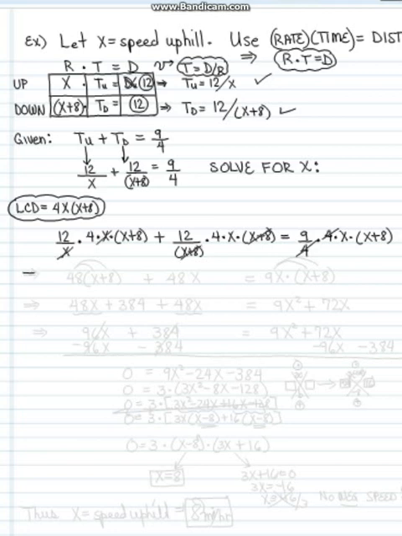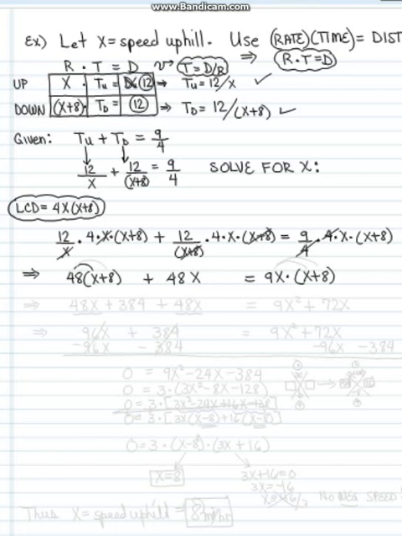No more fractions. Now we have 12 times 4, what's that? 48 times x plus 8 plus 12 times 4, 48 times x equals 9 times x plus 8. All right, we need to get rid of the parentheses.